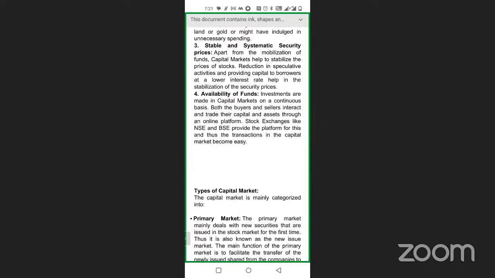So availability of funds means at the time when the investor wants to make the investment, the asset must be prepared and available for the investment.